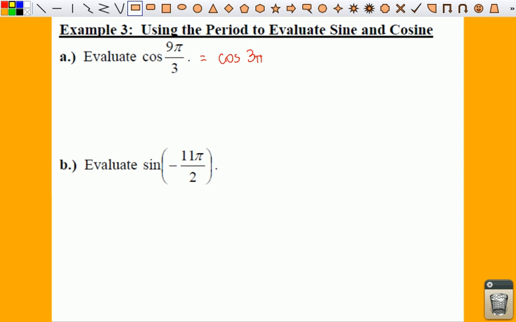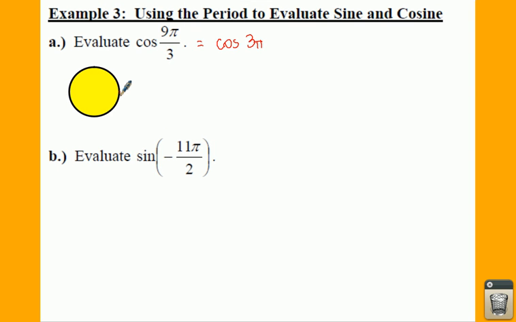If you draw a circle and start over here on the right, if you go a distance of 3 pi, well, this is 1 pi, the distance over here. Back down around is 2 pi, and 3 pi is over here. So 3 pi is going to have the exact same values as the cosine of pi.